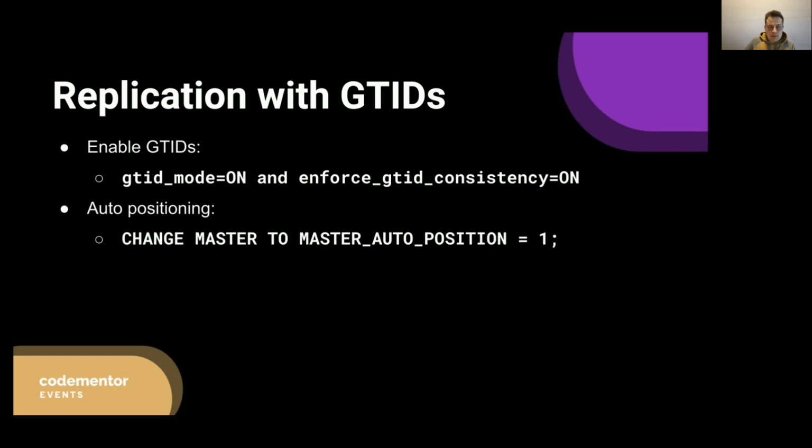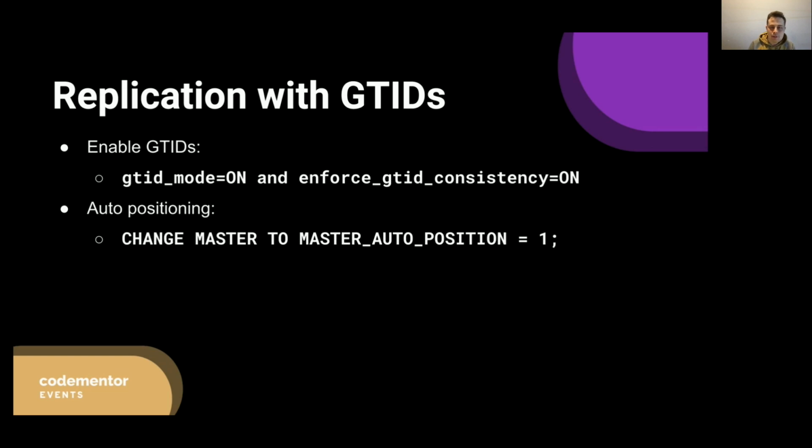Replication with GTIDs. GTIDs are global transaction IDs. It looks like the UUID of a server and then ranges of transactions that came from that server and were applied to some host.